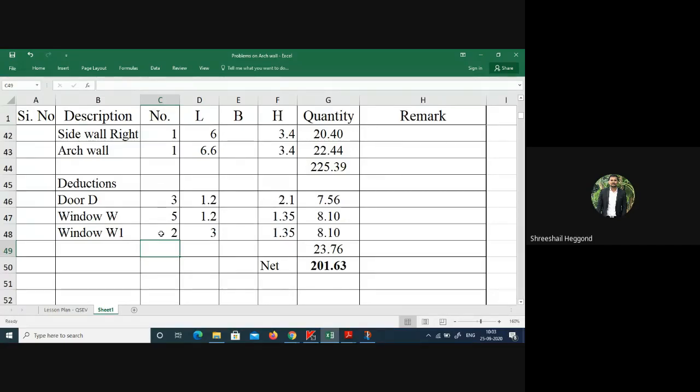Both the sides, internal sides as well as external side. Full reduction you have to consider. Therefore, it will be 2 number. Good. This observation should be there. Therefore, your net quantity will be 201.63.